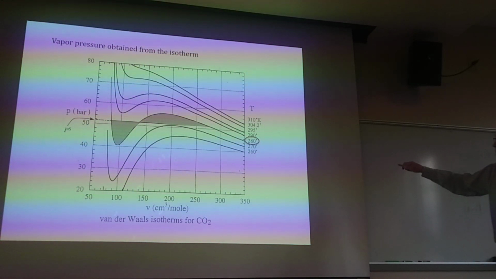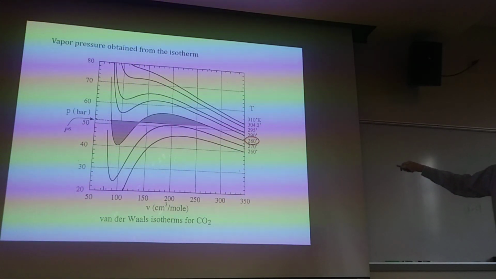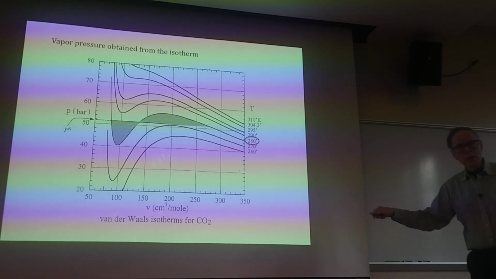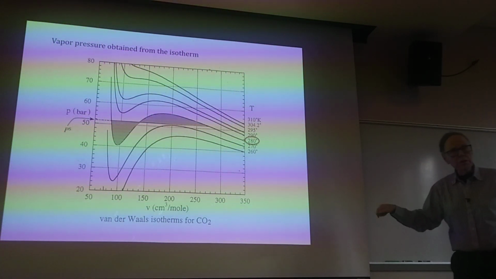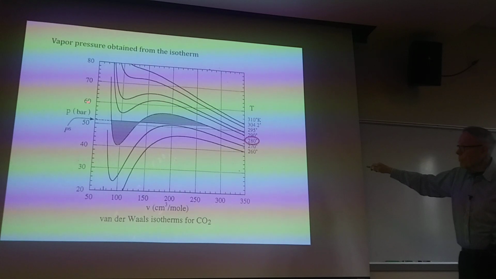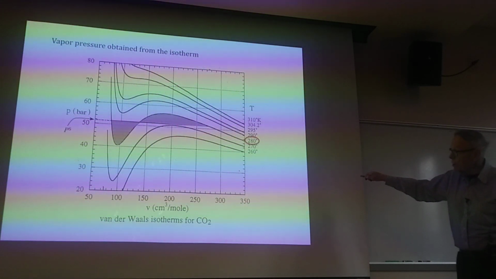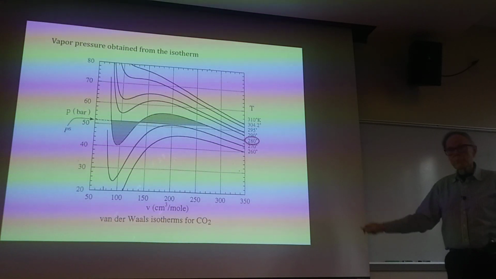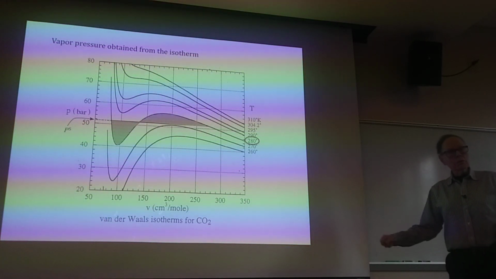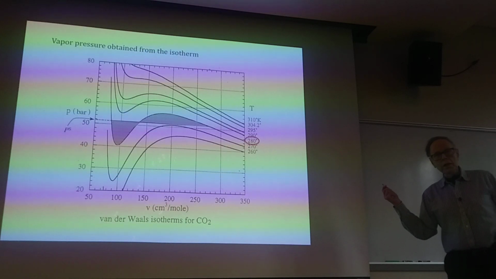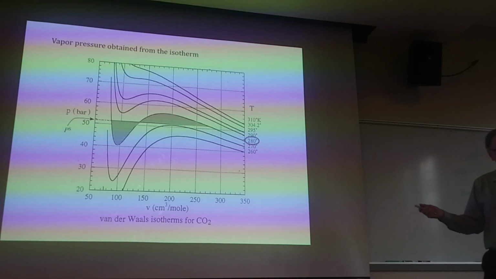So if we adjust this, we're looking for what the vapor pressure would be as predicted by, in this case, the van der Waals equation for carbon dioxide. We would move this pressure up and down until we find the pressure at which this equality between areas above and below that curve are equal. So you understand me? Now I'm giving you that as an assertion, but we will be able to prove that later.